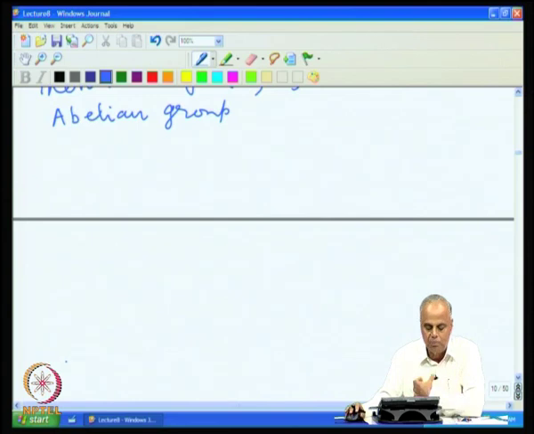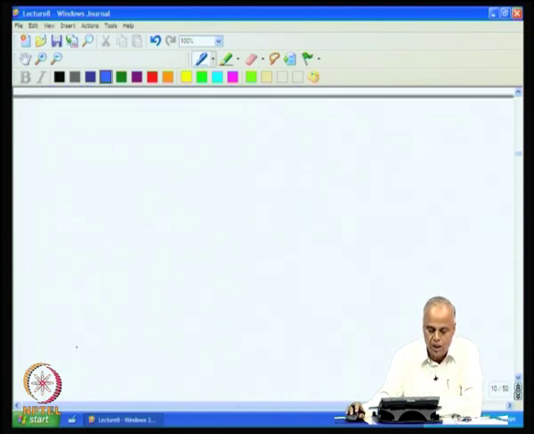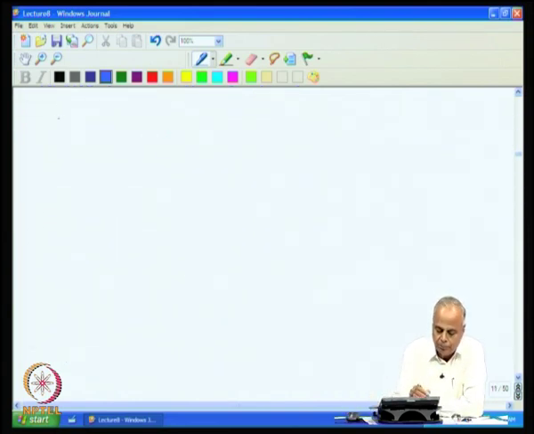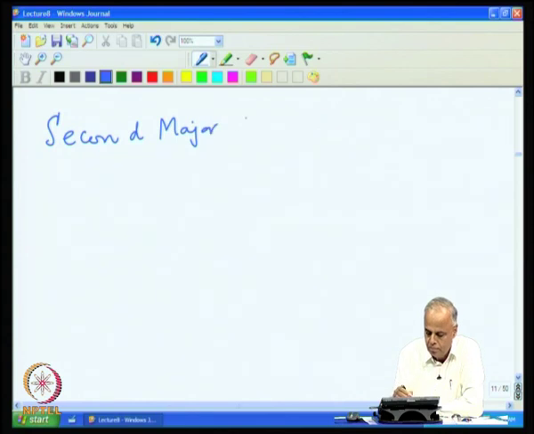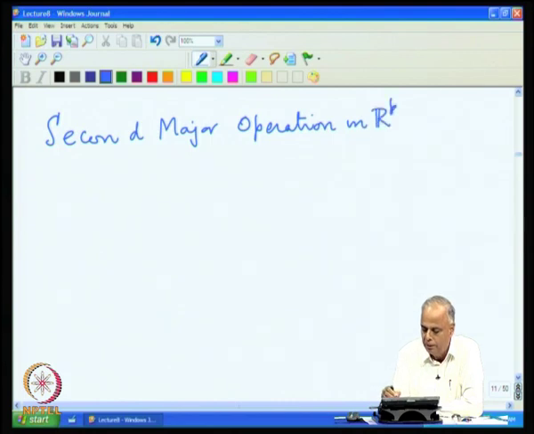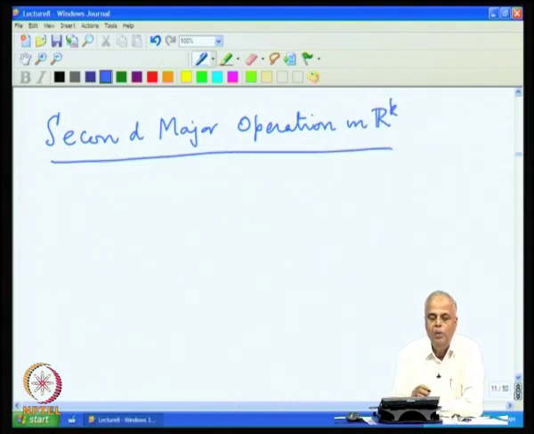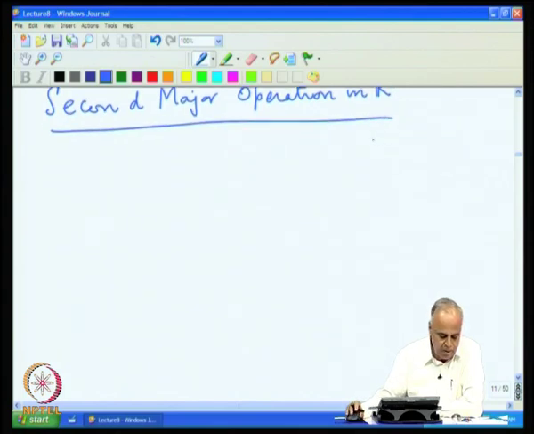Before we see examples, we will also look at another operation, the second major operation in RK. The first major operation was addition. Now, we look at the second major operation in RK.